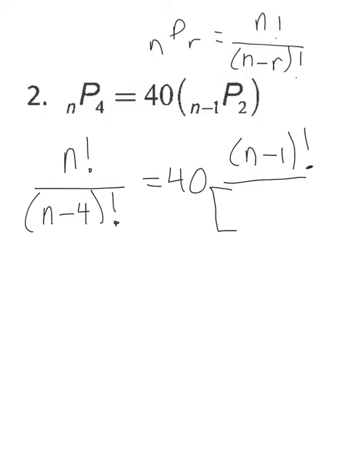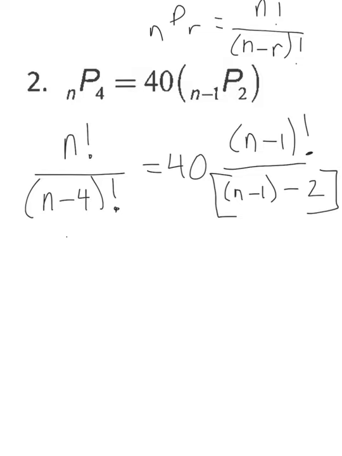In the bottom, I'm going to use brackets here because there's a parentheses there. So our n is, it's n minus r, and n in this case is n minus 1. So our n minus r in this case is 2. All right, we want to figure out how to simplify and then solve this. My first suggestion would be cleaning up the denominator on the right hand side.